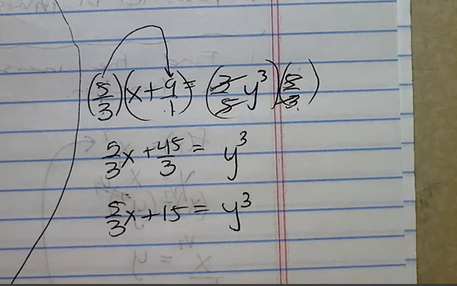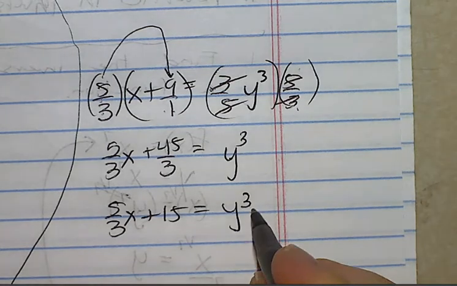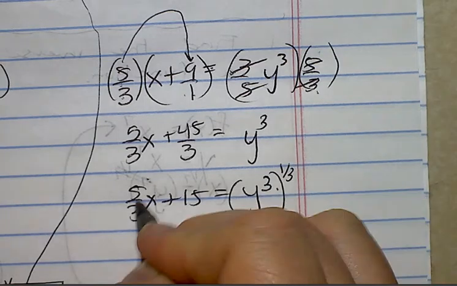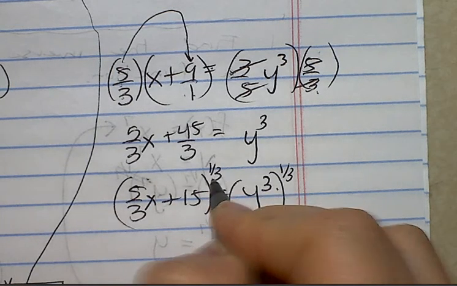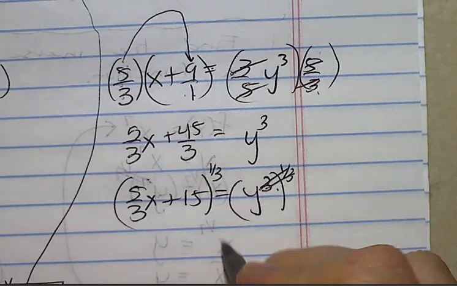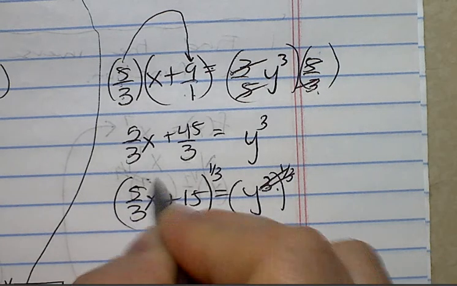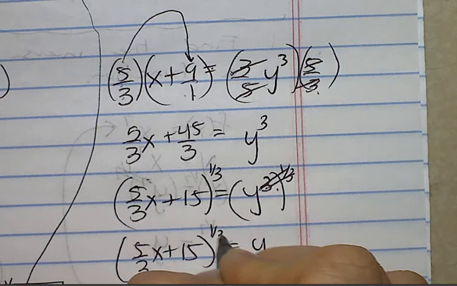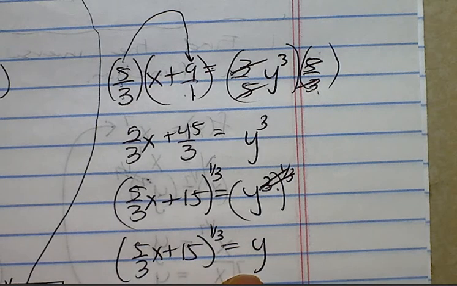Okay. Now to get rid of the cube, we're going to raise it to the cube root or the 1/3 power. 3's and 1/3 cancel. And this is my answer for the inverse of the original function.